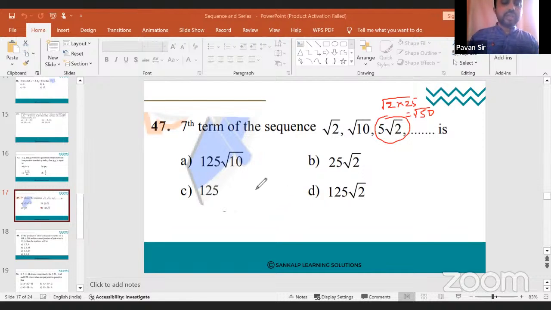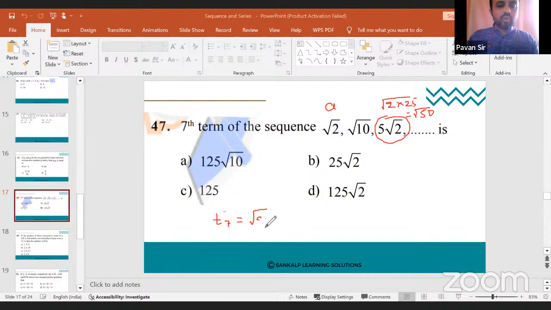Let me check the seventh term. So what is T7? Already we know that the first term A is root 2. What is the seventh term?